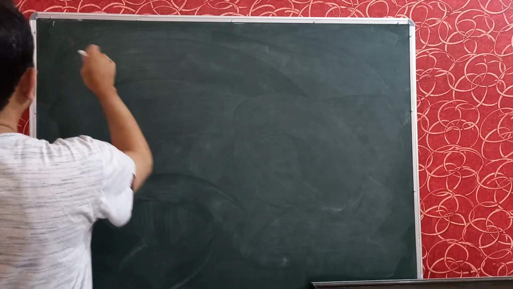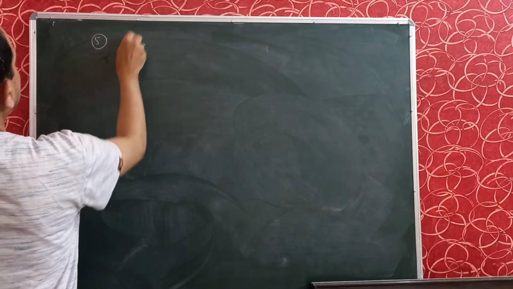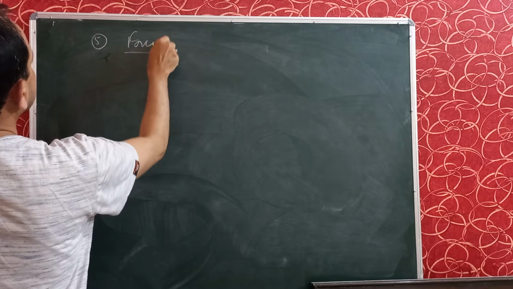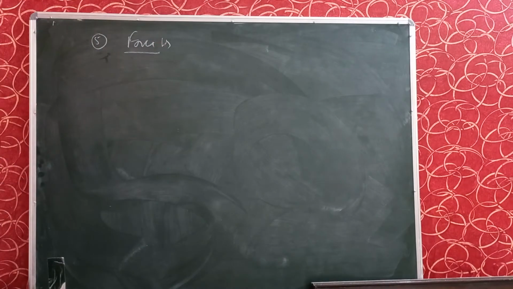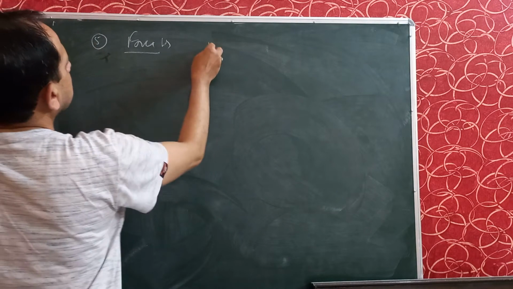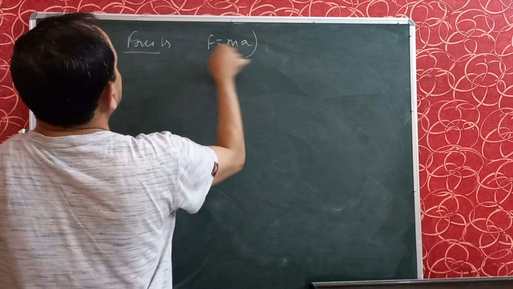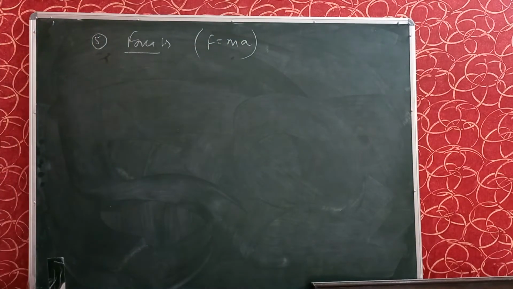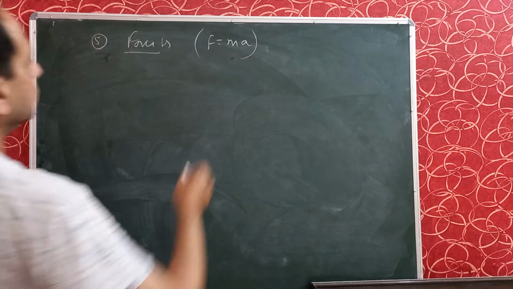Next one is the fifth one, force. So we will study the Galilean transformation equation for force. So we know what force is: F is equal to ma, that is, the product of mass and acceleration. So we will apply the Galilean equation for acceleration.